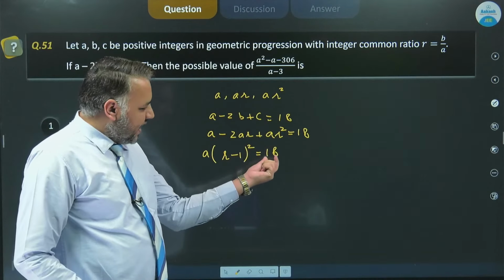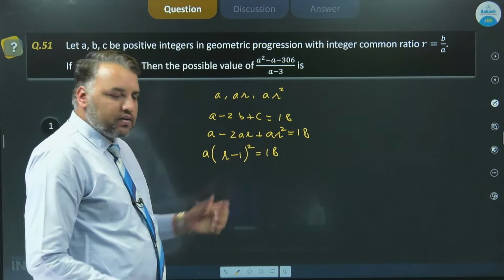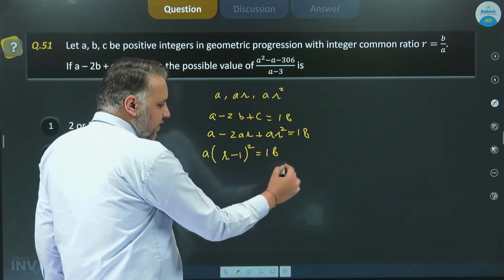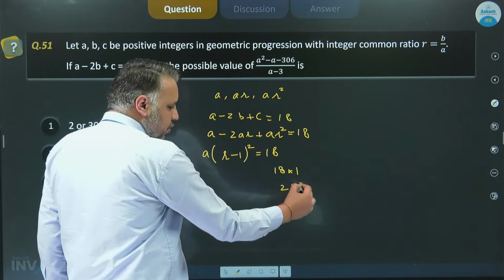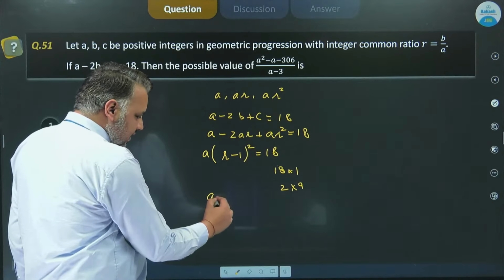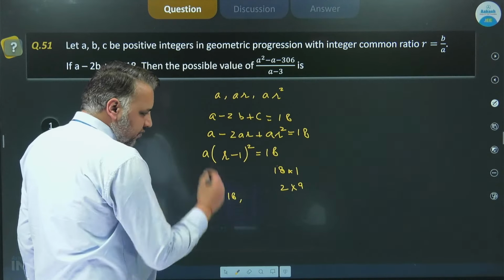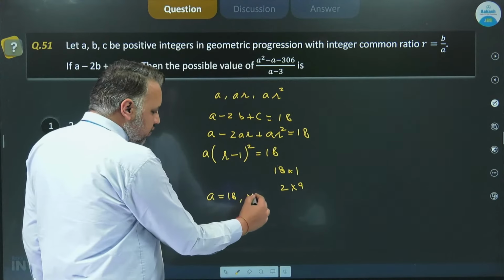Now both A and this quantity are integers, and this is a perfect square. So we have to break 18 into two parts, a multiplication of two terms, in which one should be a perfect square. So there can be two possibilities. Either we can write it as 18 into 1, or we can write it as 2 into 9. If we compare from here, then if A is equal to 18, then R minus 1 whole square is equal to 1, or R is equal to 2.